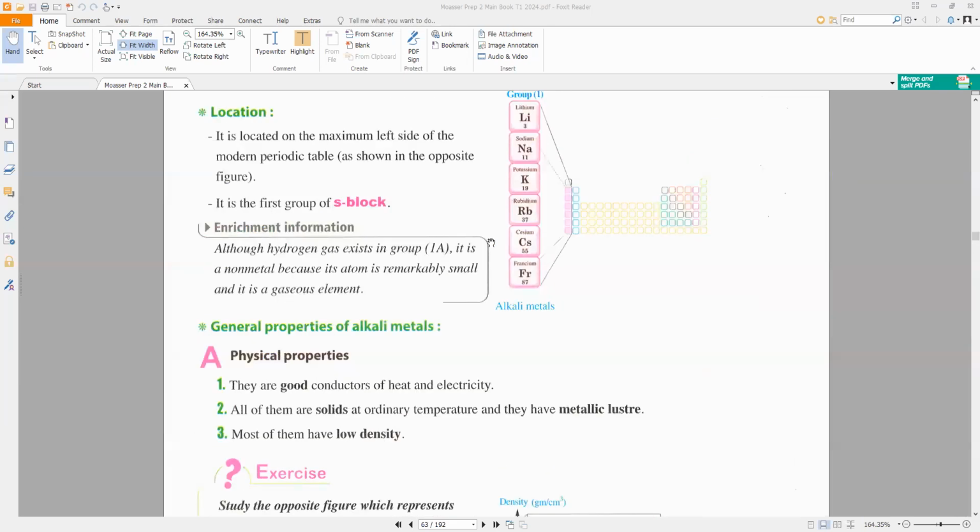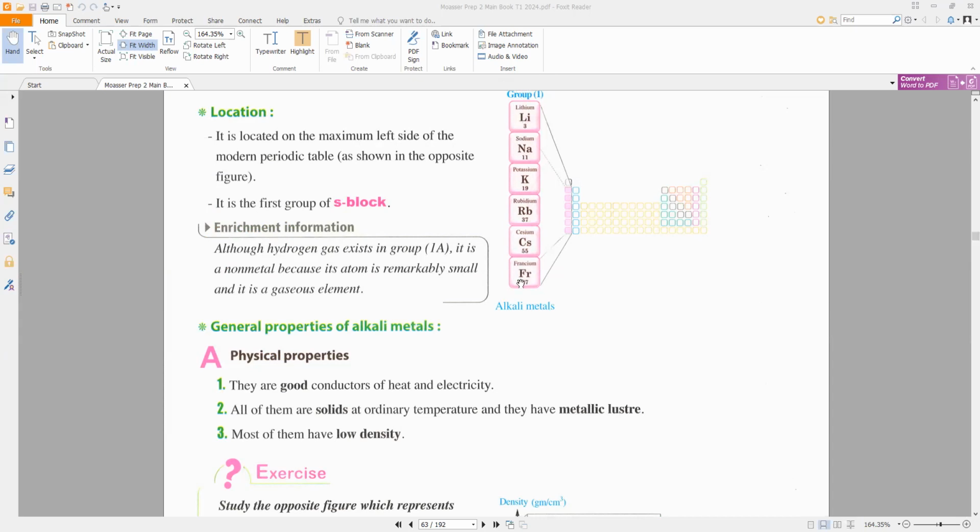All of them are solid, from lithium to francium. So the alkali metals are good conductors of heat and electricity like all metals. All of them are solid except hydrogen. We say hydrogen is in the 1A group, but not related to this group because it's non-metal.